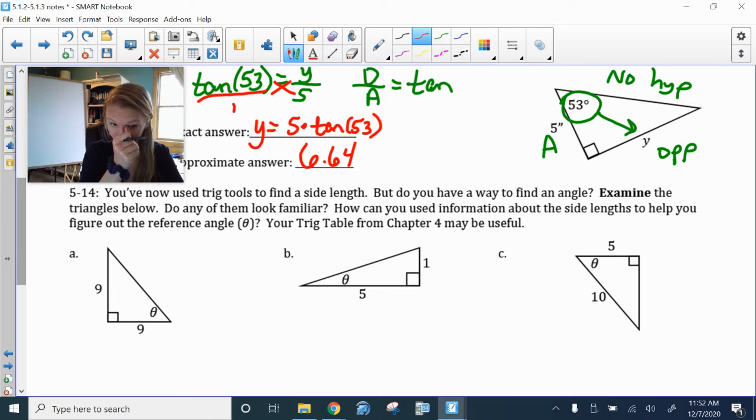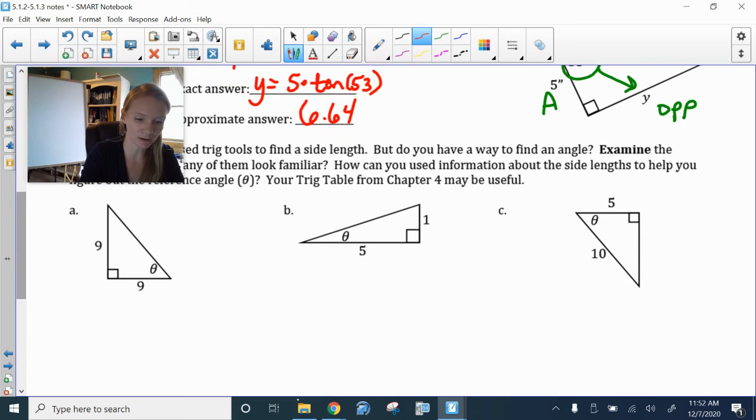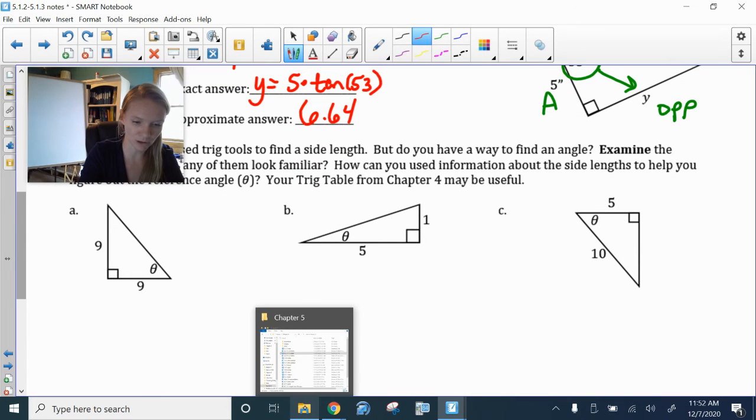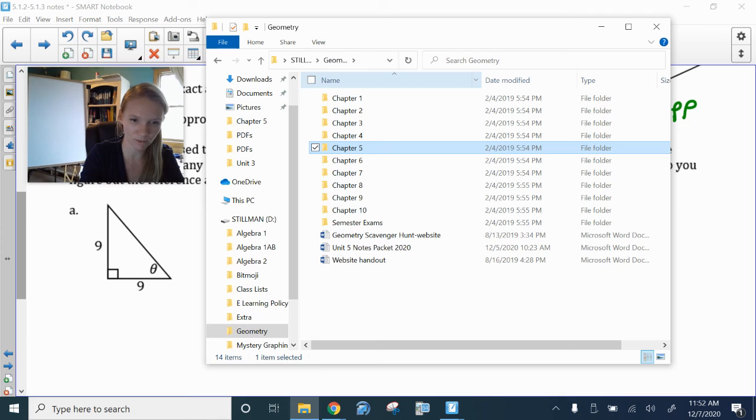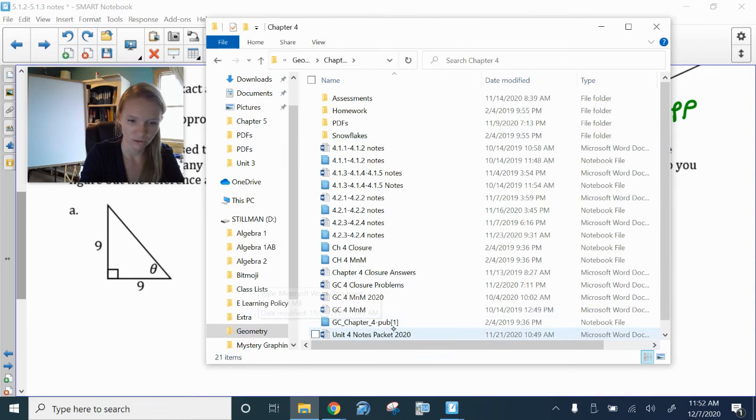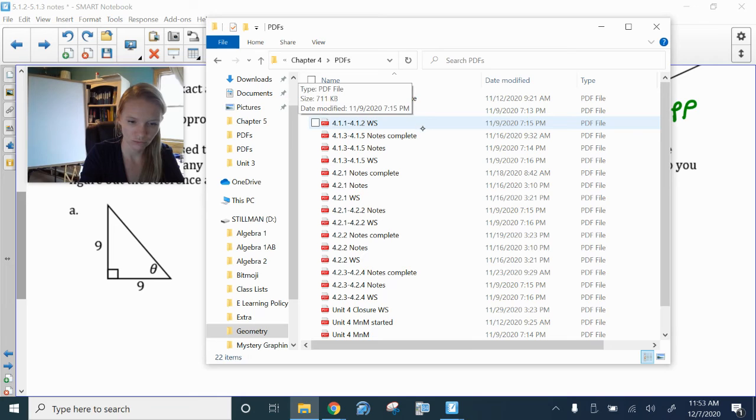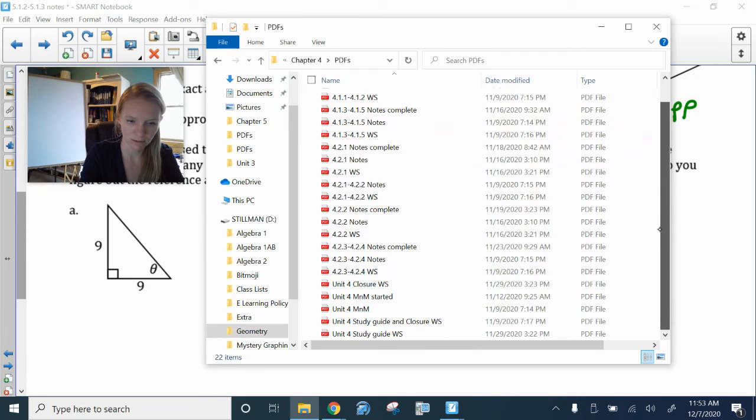There we go. So then for the last ones, maybe using our trig table from chapter 4 might be helpful. I'm going to find that in here somewhere. Oh, you know what?